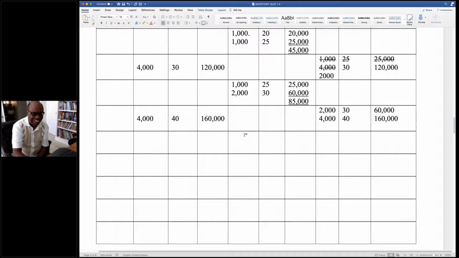I'll tell you what I did. It's 2,000 for 30, and it's going to be 60,000. Then we're going to have another 2,000 units for $40, and it's going to be 80,000.